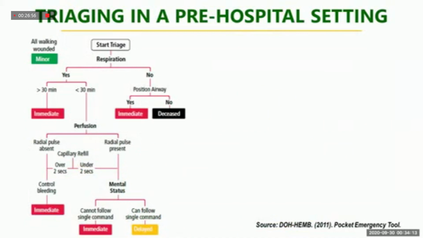So yes, we now go to your triaging in a pre-hospital setting. This would be from the Department of Health, Health Emergency Management Bureau from 2011. So basically, you have colors designated. You have your green, all considered as walking wounded.